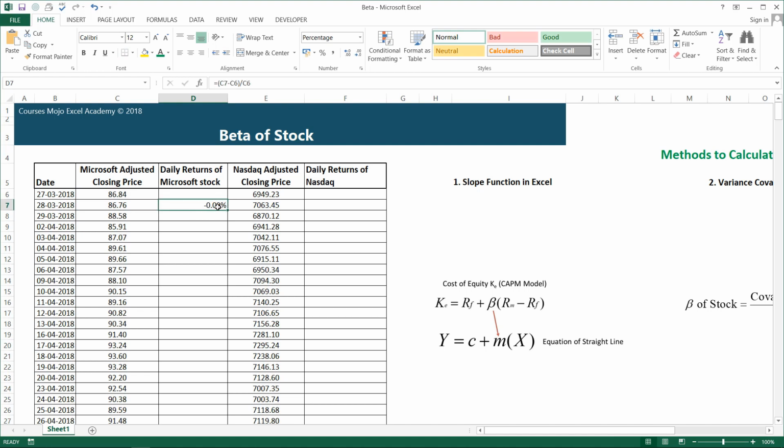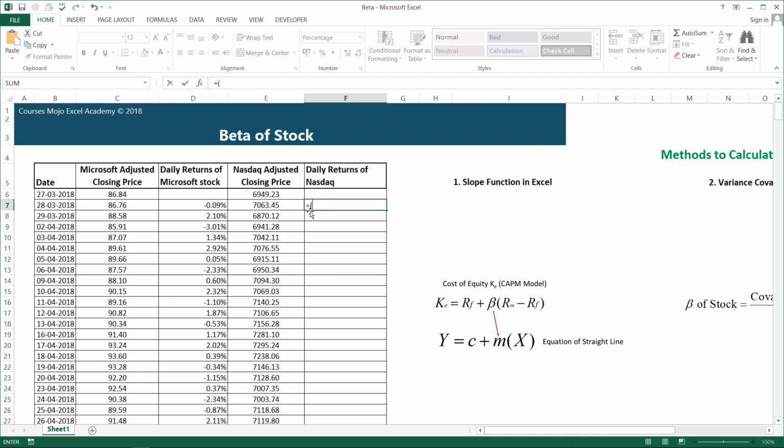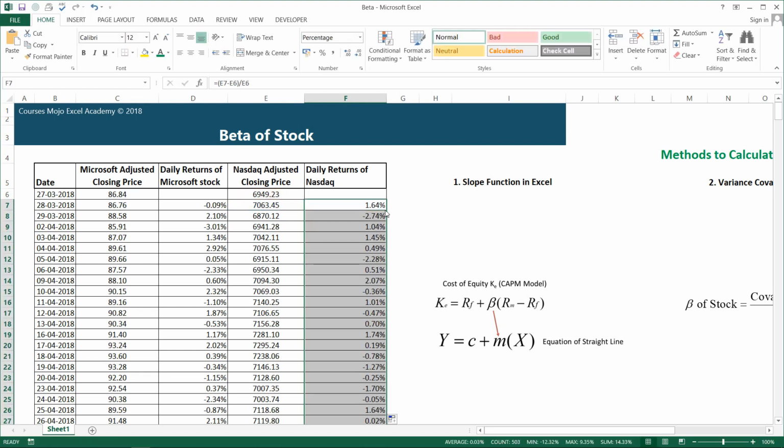And then autofill to fill the same formula for the rest of the cells by clicking at the bottom right of first cell. Similarly, we need to calculate daily returns of market, equal to today value minus previous day value, divided by previous day value, and then autofill to fill the same formula.